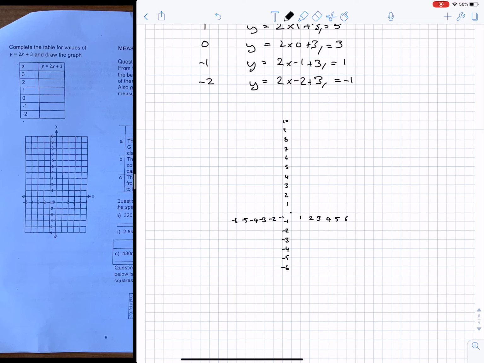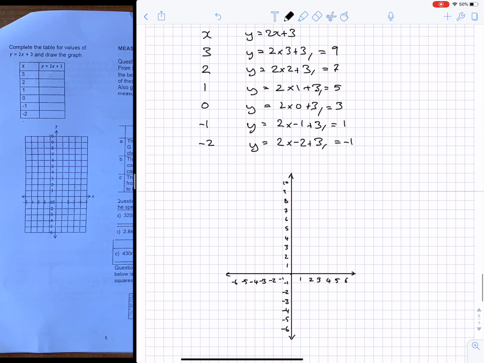Okay, so complete the table for the values and draw the graph.